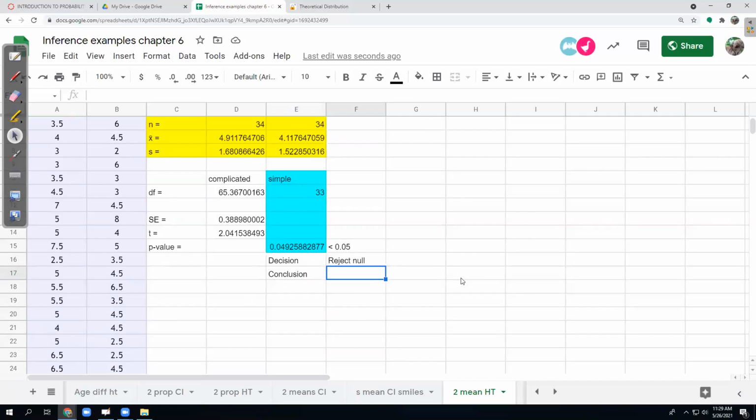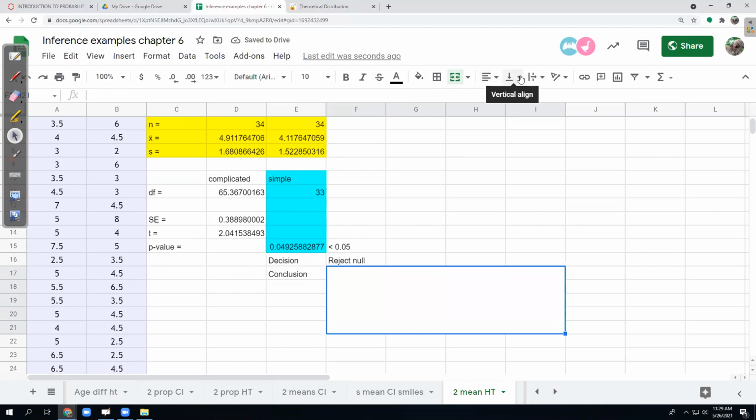Usually we'll write it up somewhere else. If you're dying to write in a spreadsheet, you highlight a whole bunch of cells and then you merge them. Then you have to worry about alignment and text wrapping. So it's kind of a pain. You have to click 3 buttons. It wasn't too hard, but it is a pain.